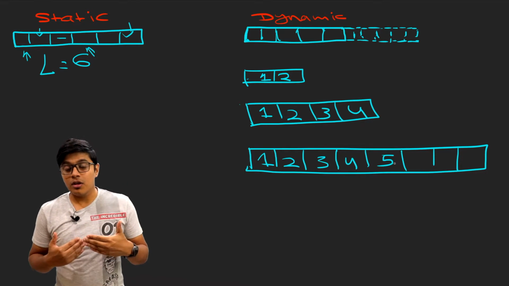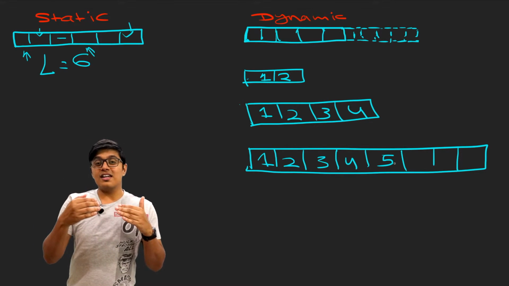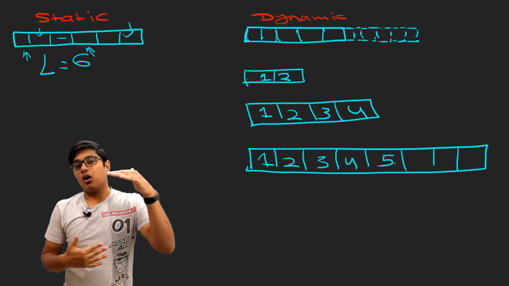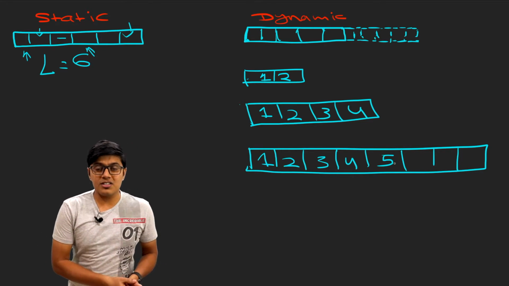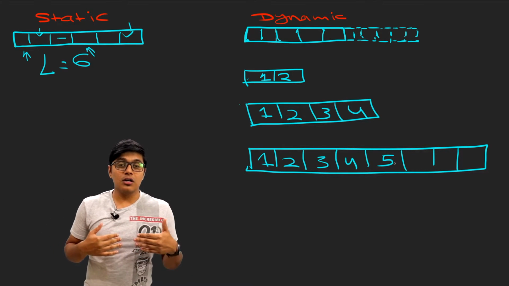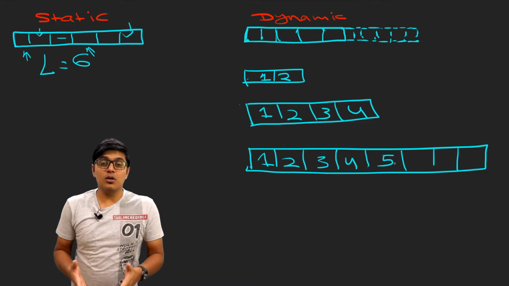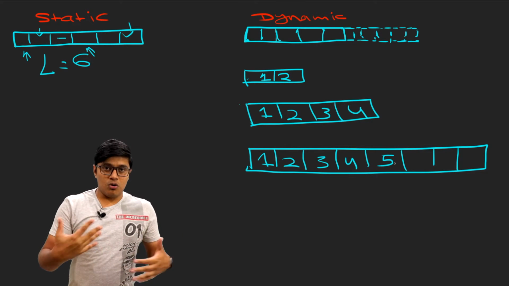So every time the memory is full and on a new insert, it doubles its length and copies all the values from the previous array. The benefit here is that you are not relying on the length. Initially you thought you had some 100 or 200 data, but you got a lot of data.